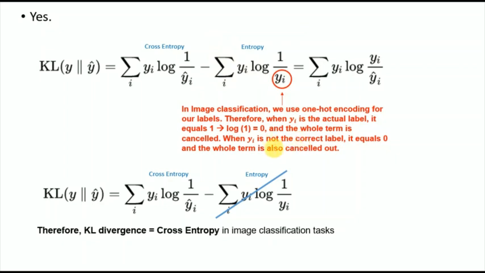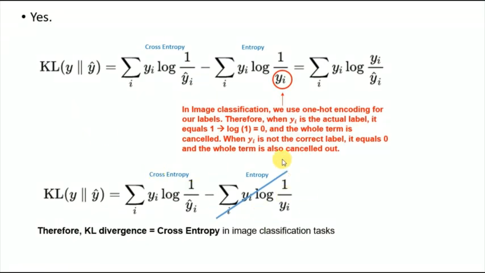When yi is not the correct label, it equals 0, so you're multiplying this log 1 over yi term by 0, and you're also canceling this term out. So in both cases, you cancel this whole term out and end up with only the cross entropy term. KL divergence equals the cross entropy term in image classification problems, because the entropy term is removed.